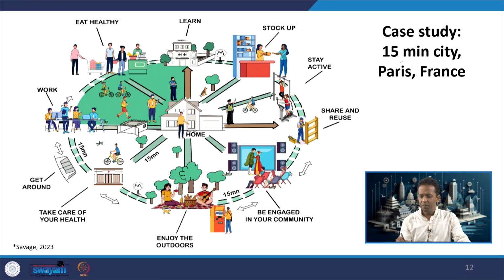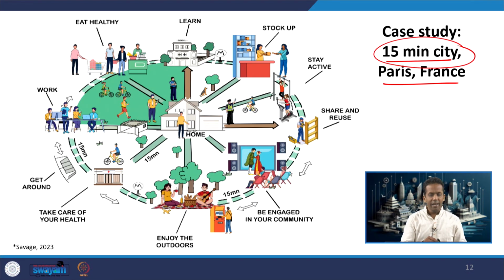So, this is a 15-minute city model for Paris. Paris is the capital city of France, and this is from a recent study. If you look at how the city is planned, when I say 15-minute city, it means from any society within that city, all the basic necessities, the essential necessities like say school, college, hospital, post office, bus stops, they are within 15 minutes reach.